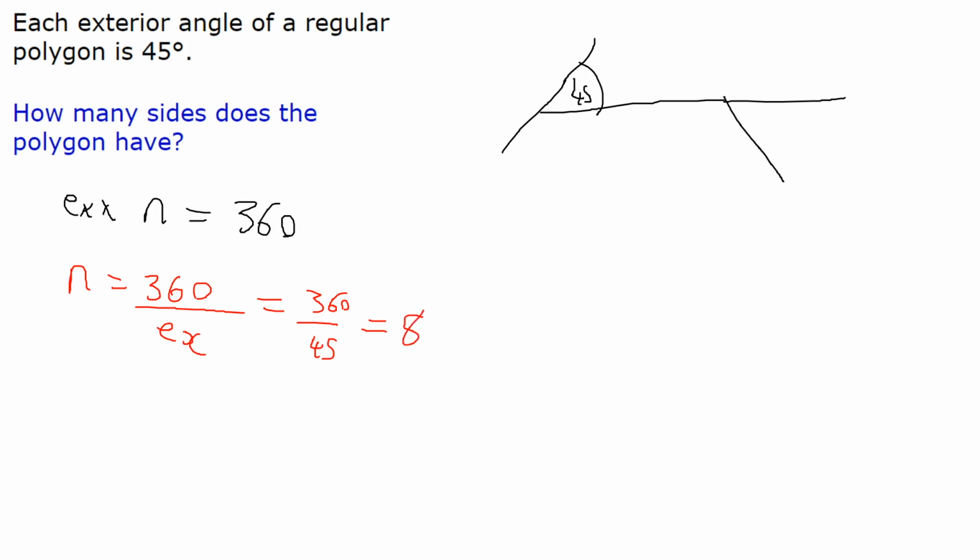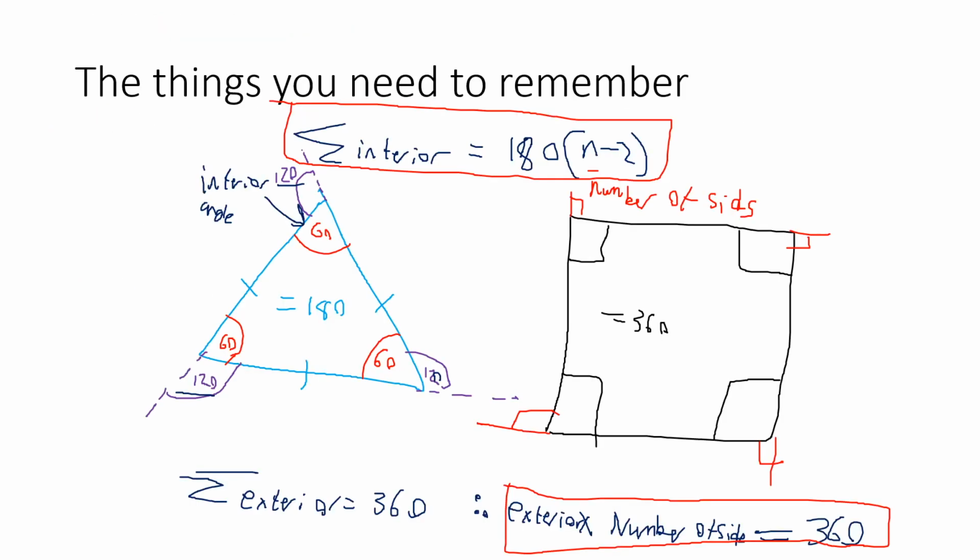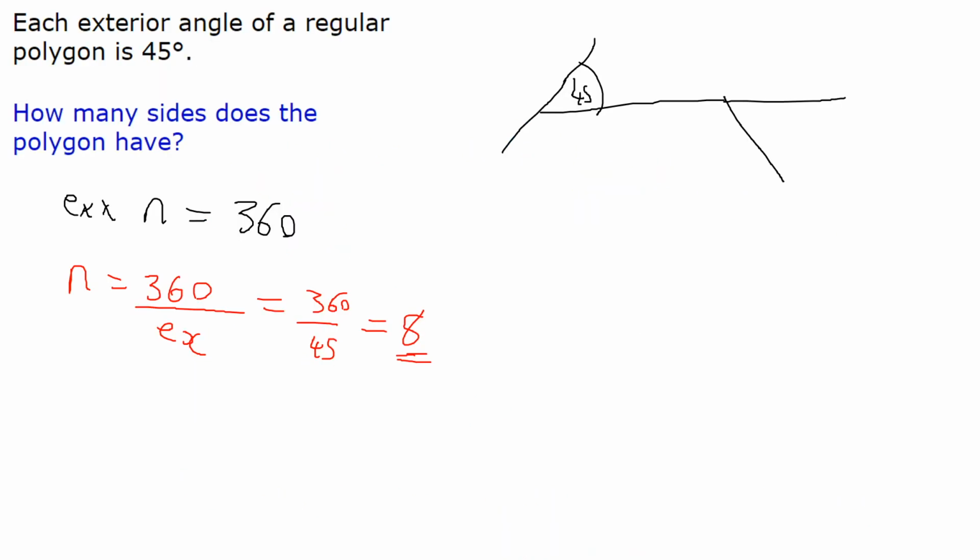And so I know that this is an 8-sided shape, don't I? All I've done is use this bit of information to get this formula, and I've just used it to figure out that this is an 8-sided shape. I'm using my understanding of the topic rather than memorizing a formula.